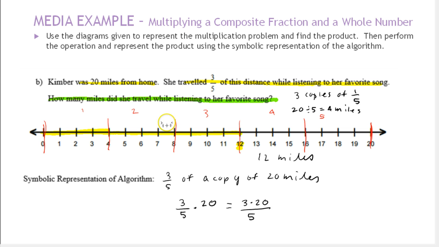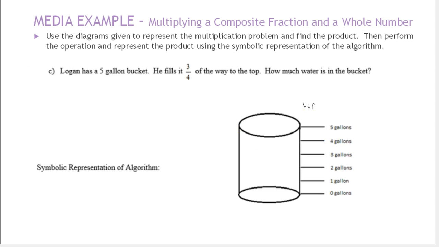Again, looking at this expression, we take the 20, we divide it by 5 to get 4 miles, we multiply by 3 to get 12 miles. So we have 60 over 5, which is 12 miles. If you want, you can simplify here and cancel the common factor of 5 to 1 and 4, and you'll get the same result. Let's look at the next one.